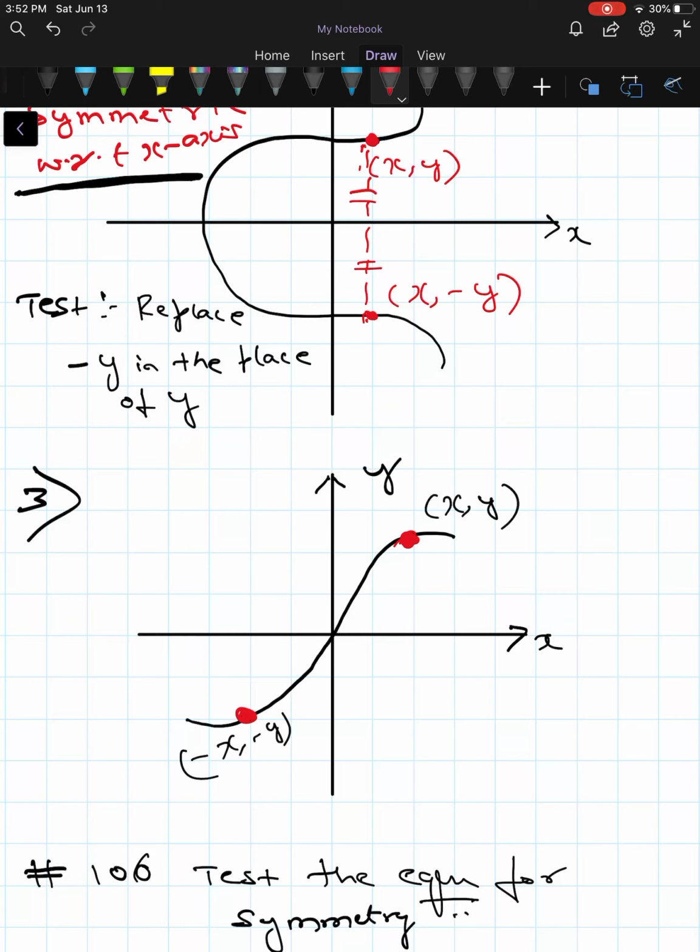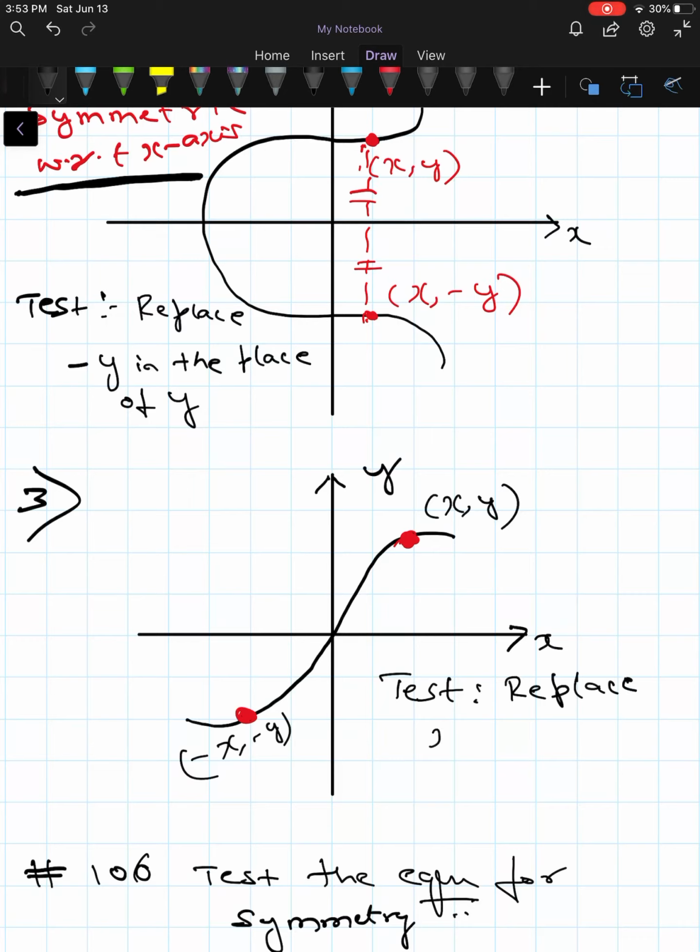Now you are doing both the tests that you did above for the first and second types of symmetry, that is, replace x by negative x and y by negative y, so you get back the original equation. So that is the test here. Then we say that it is symmetric with respect to the origin.